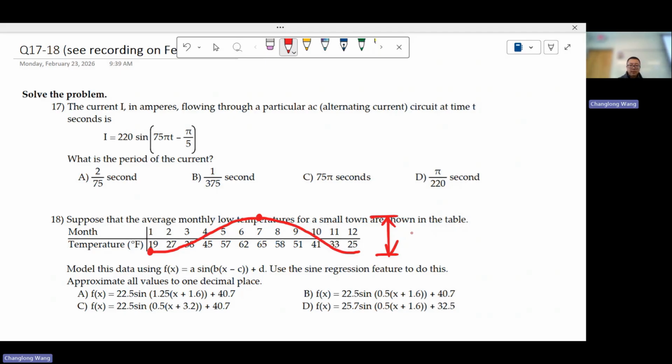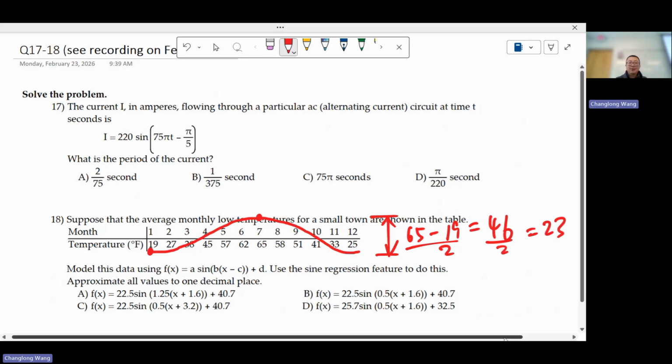So that would be 65 minus 19, which is 46. But you realize that 46 is not the amplitude. It's twice the amplitude. You later divide by 2, and the same way, you're going to get the same thing. It's exactly 23, close enough. You're definitely going to rule out letter D, since 25.7 is a bit way off.